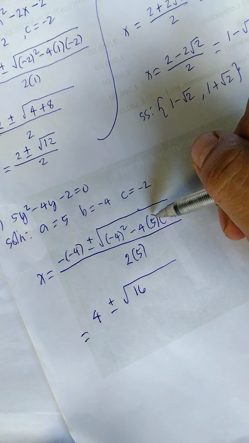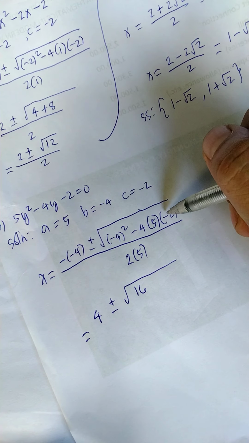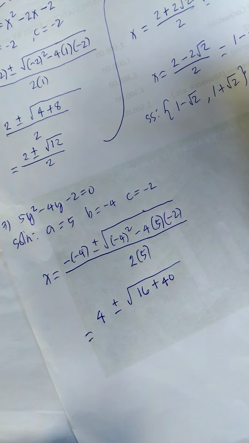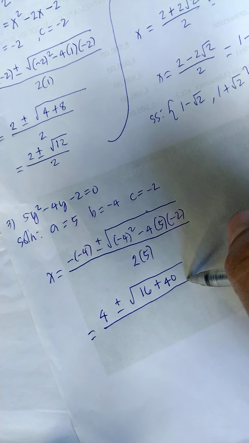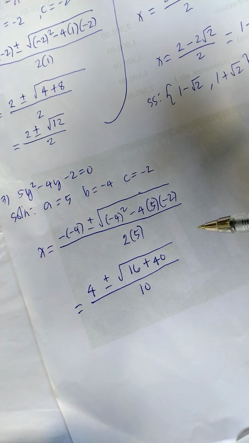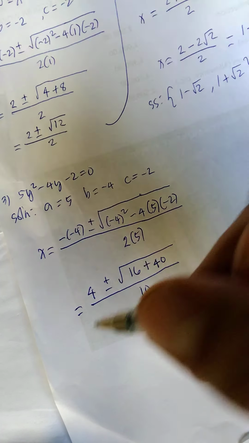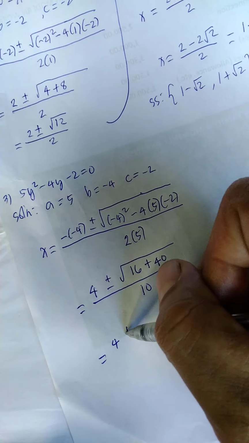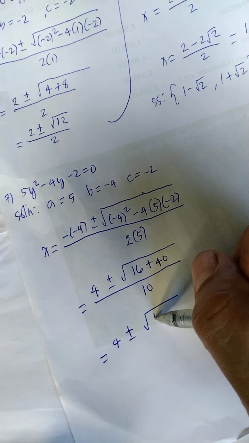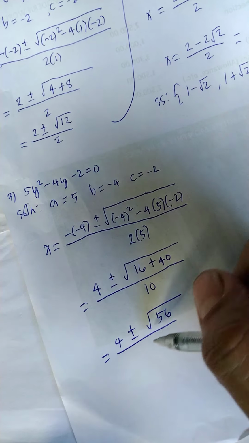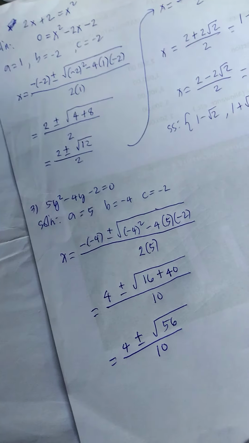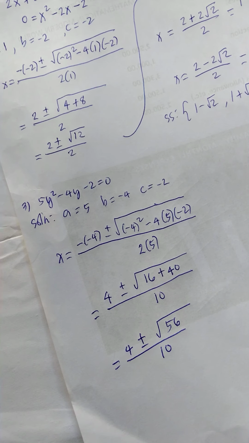So, -4 times 5, -20 times -2, so plus 40. Am I correct? Whole over 10. So, you have 4 plus minus 16 plus 40, you have 56 all over 10. Am I correct? Ito ba ko? No?